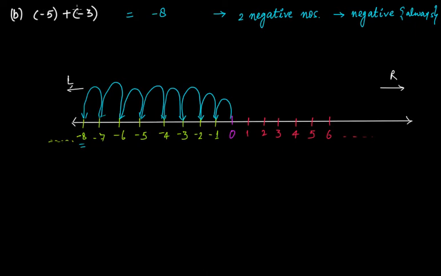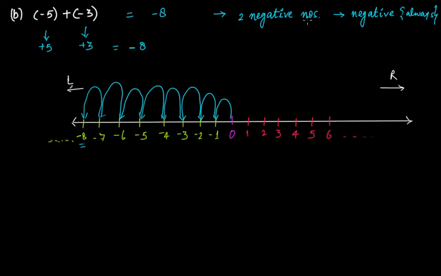Since this is -5 and this is -3, we explained to you how you got the answer -8 using the number line. So the basic rule will be that whenever you have to add 2 negative numbers, what you have to do is just simply think of them as +5 and +3. Add them, you'll get 8, and since these both are negative numbers, therefore put a minus sign here.